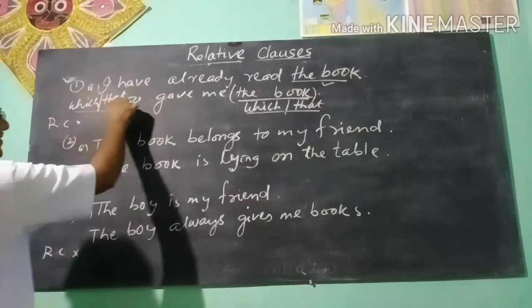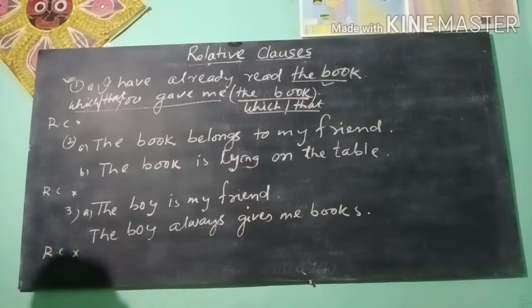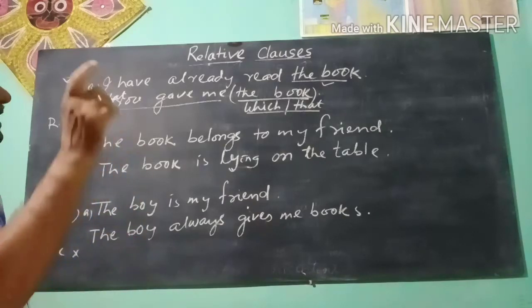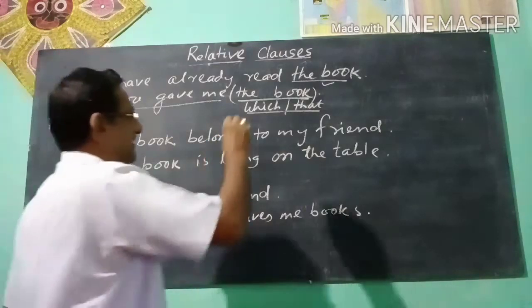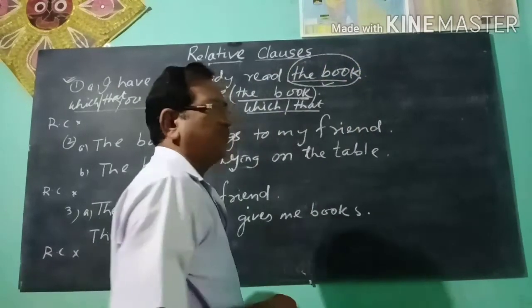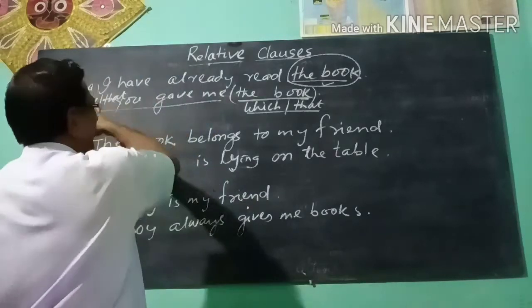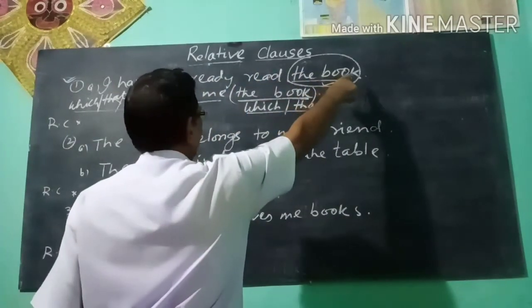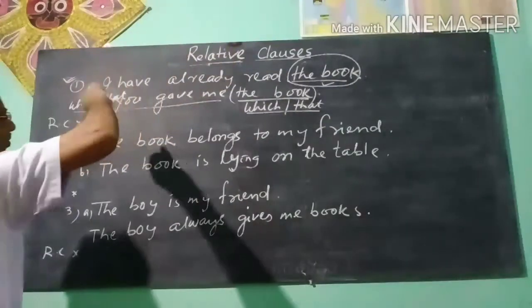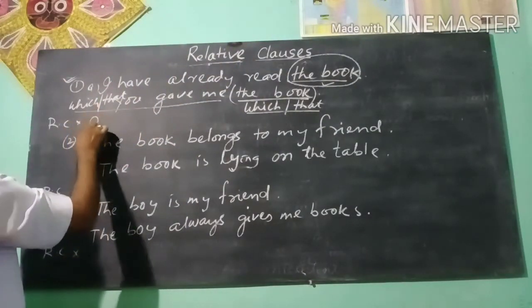Now the relative clause is formed. Then you put the relative clause after the antecedent. Antecedent, the book. Antecedent means the preceding noun phrase. So you put the relative clause after the antecedent. Then you get the complete sentence.